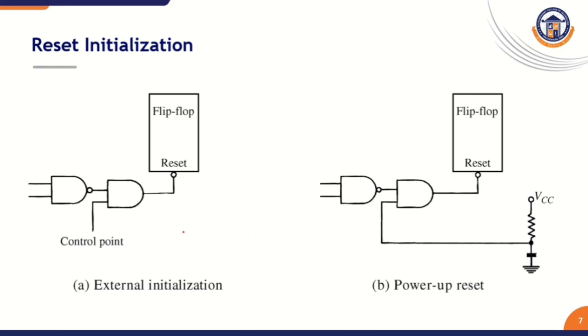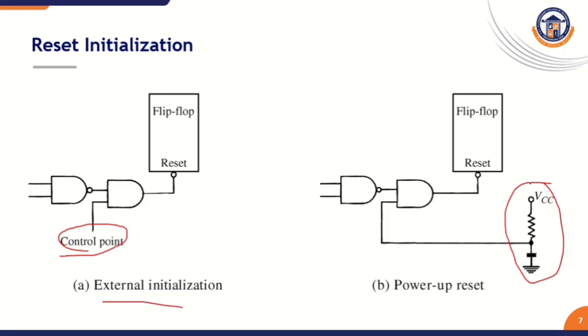When we test a sequential circuit, we need to initialize all the flip-flops by resetting them to 0, through an external initialization control point, or we can follow the power-up reset concept.